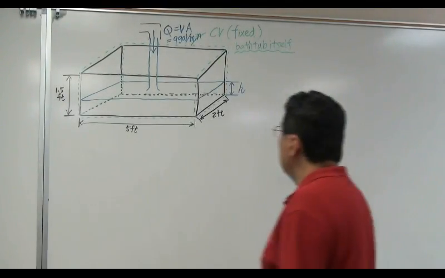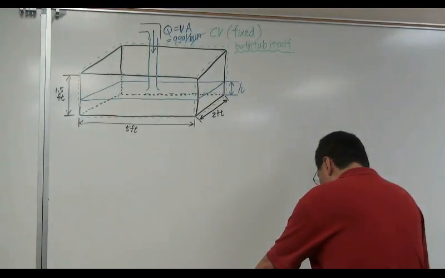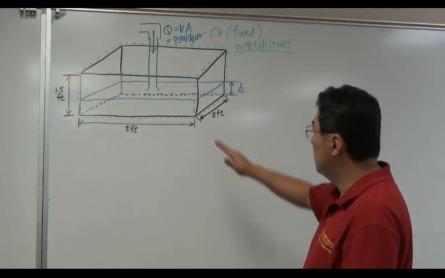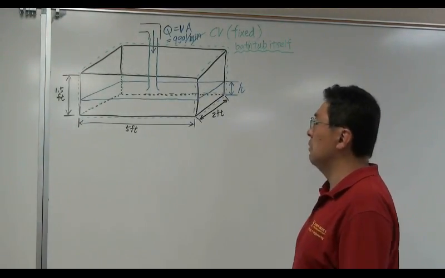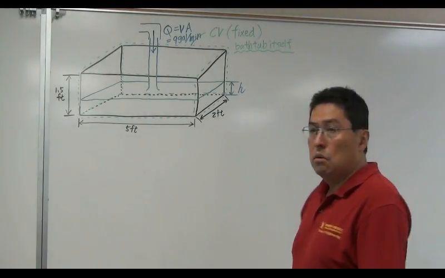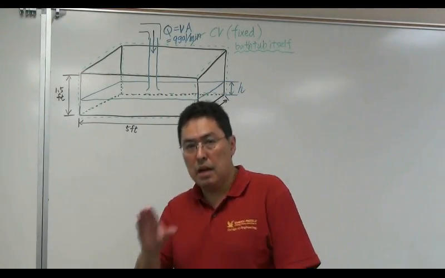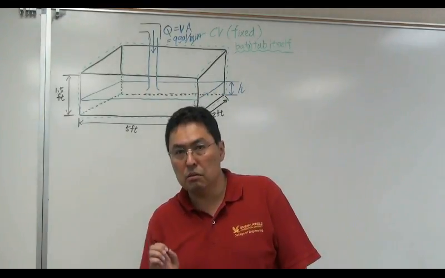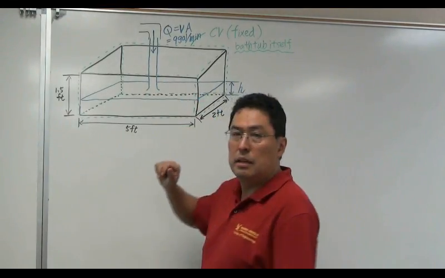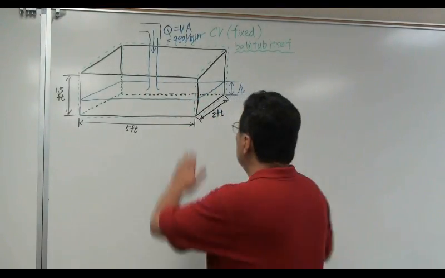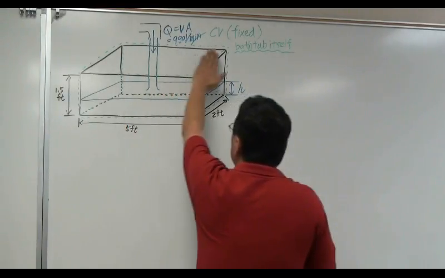Okay. So first of all, this is the control volume. So you want to identify the control surface. Where is the control surface in this case? Control surface is the area that allows something to flow in or flow out. There's only flow in. There's no flow out. So take a look at this top surface.